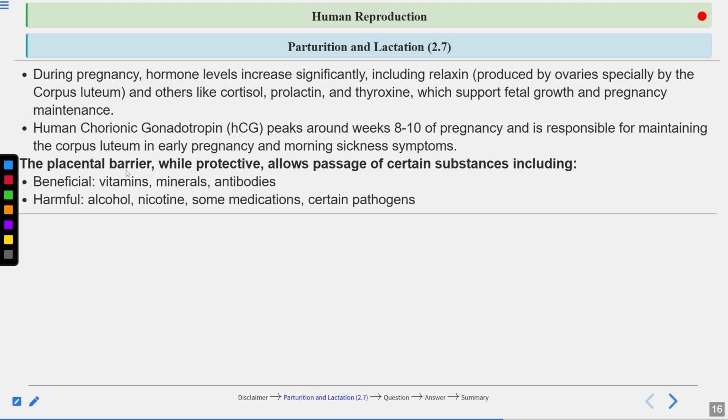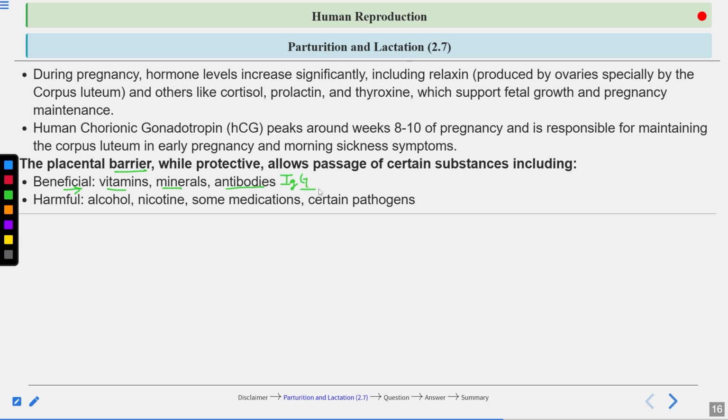Okay, placenta also acts as a barrier because it allows the passage of the useful substances, but it will not allow the passage of the harmful substances, toxic substances, and the pathogens as well. Okay, so it allows the beneficial substances to pass through, like vitamins, minerals, and antibodies. Which antibody?